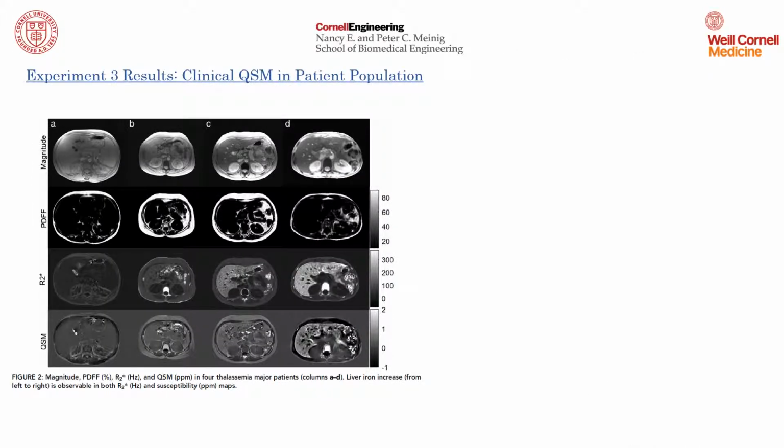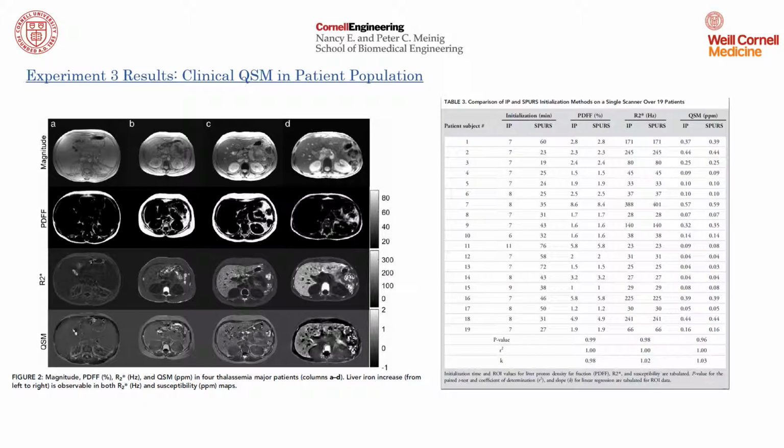Figure 2 shows the result for the third experiment, which is clinical QSM in a patient population. You can see magnitude, PDFF, R2 star, and QSM maps in 4 thalassemia major patients. As you can see, from left to right, liver iron increases, which can be observed in both R2 star and susceptibility maps. Table 3 shows the comparison of the proposed IP method versus the existing 3D graph cut SPURS initialization method.